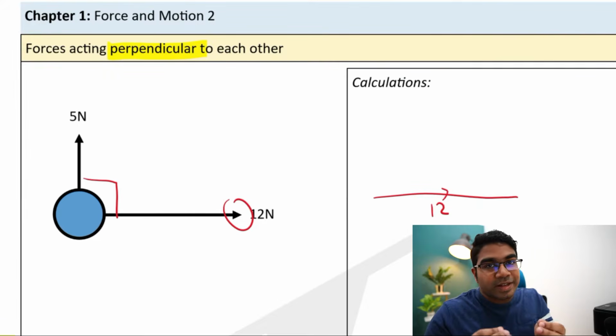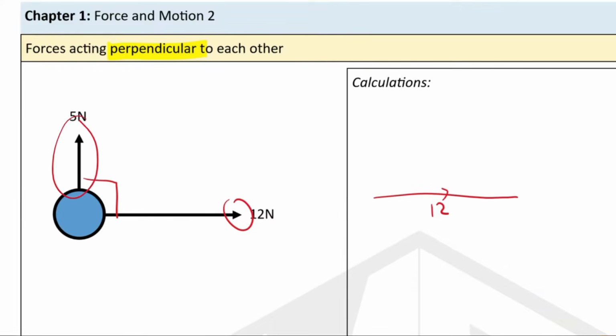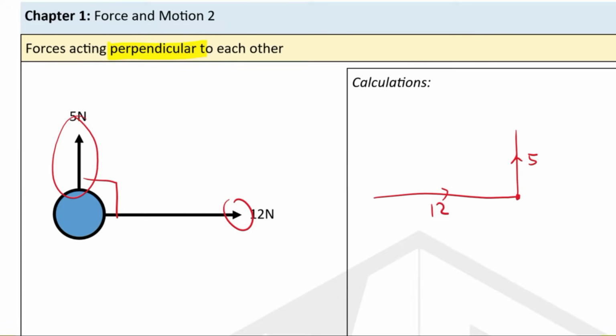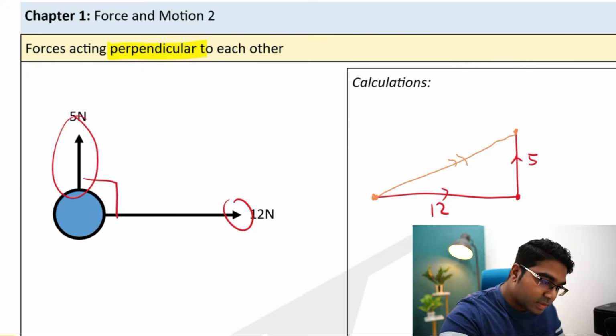And then when we are doing vector addition, you add the second vector at the end of the first vector. So we start from here and we go 5 newtons in the upward direction. This is 5 newtons. The sum of these two vectors will be from the beginning point to the ending point. So this is the sum of the two vectors, the vector sum, which is the resultant force.